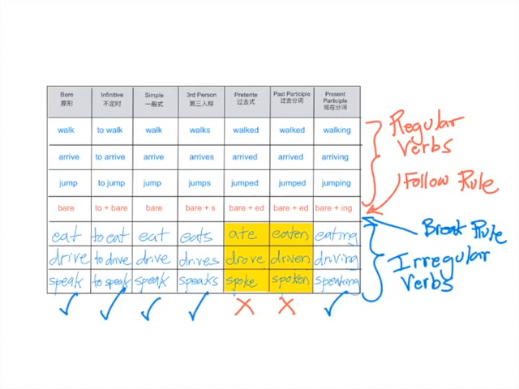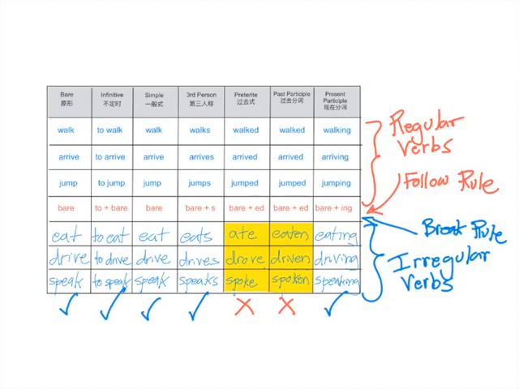But if I teach you a new irregular verb, you only need to memorize 3 forms: the bare form, the preterite form, and the past participle form. Because for the other 4 forms, infinitive, simple, third person, and present participle, you can still use the rule. So when you learn a new regular verb, as long as you know the rule, you just need to memorize 1 form. When you learn a new irregular verb, you need to memorize 3.